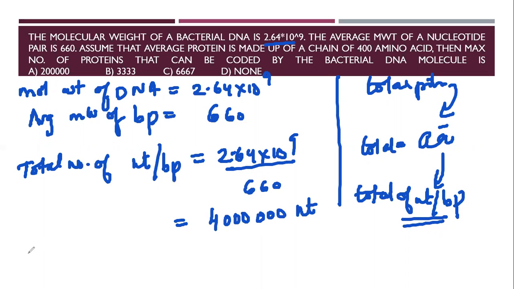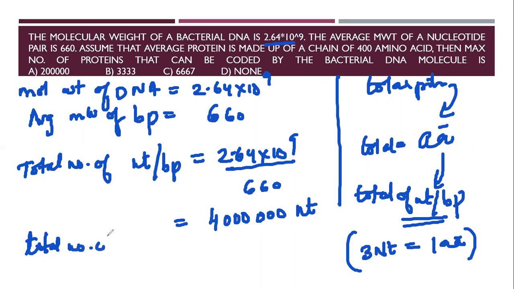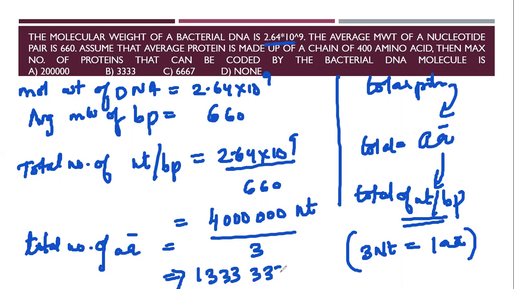Now we know, Ranjan, that 3 nucleotides means 1 amino acid, right? Yes. So now the total number of amino acids will be this number divided by 3, okay? So that is equal to 133.33. The total number of amino acids.